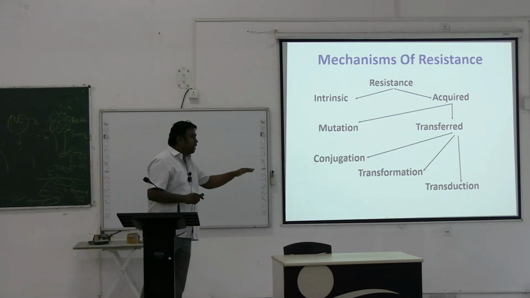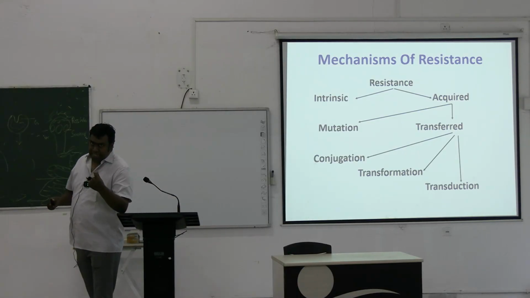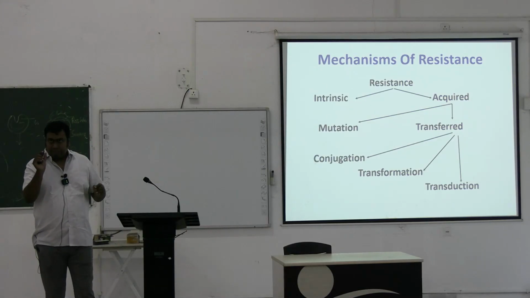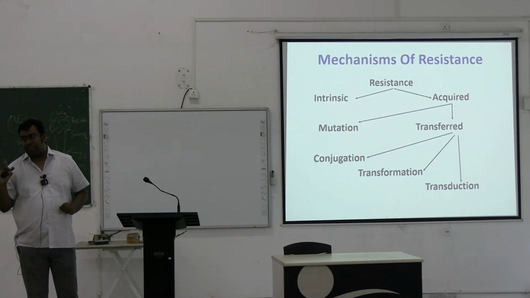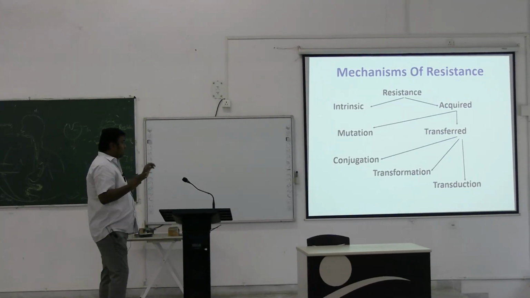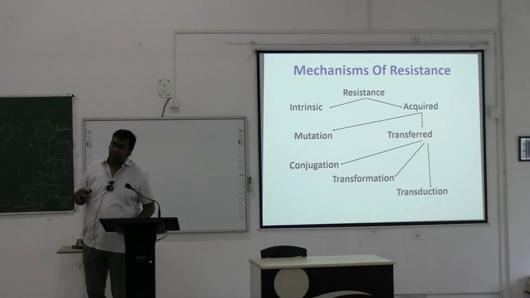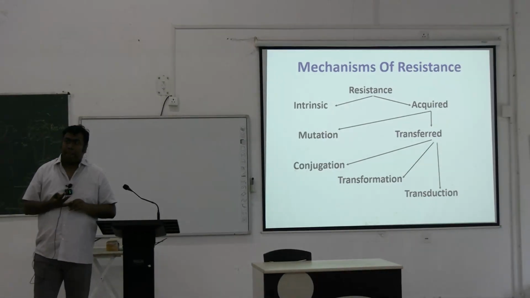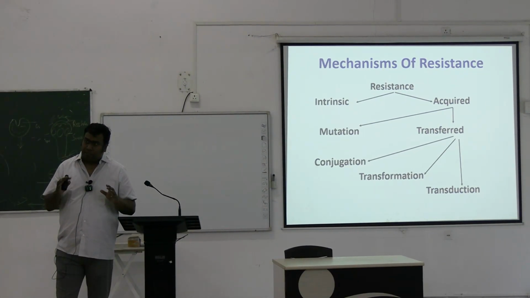Another one is acquired. Acquired can be of two types. One is mutation, a small genetic change, or transfer, where a resistant genetic portion which develops the resistance is transferred to the bacteria. It can be by three types: transduction, transformation, and conjugation. For conjugation, from which part? Plasmid. What is a plasmid?